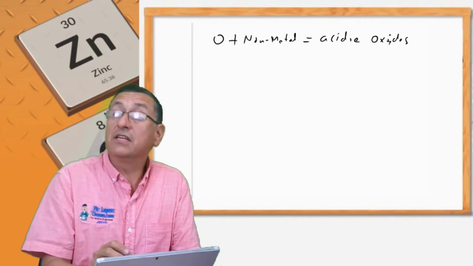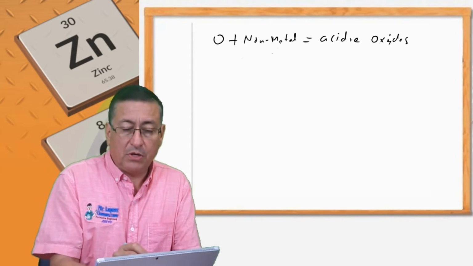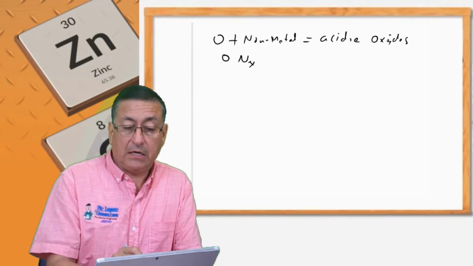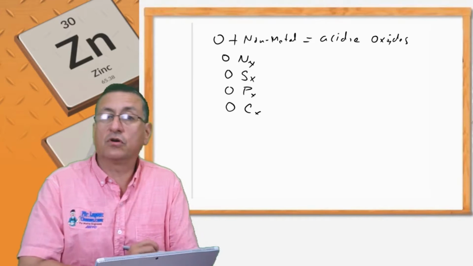Alright, acidic oxide. For example, oxygen and non-metal gives nitrous oxides, sulfur oxides, phosphorus oxides, and carbonic oxides, carbon oxide.